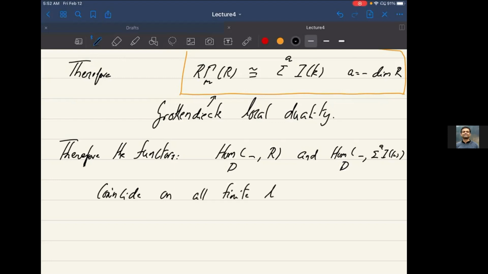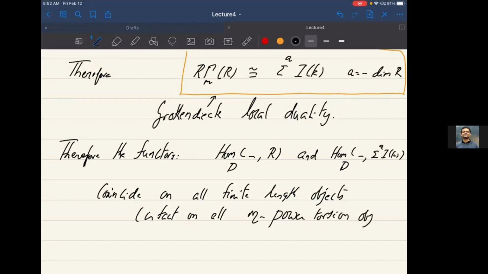In fact, on all torsion objects, because every torsion object is a limit of finite length things. So on all K torsion or all M torsion or K cellular objects, equivalently K cellular.